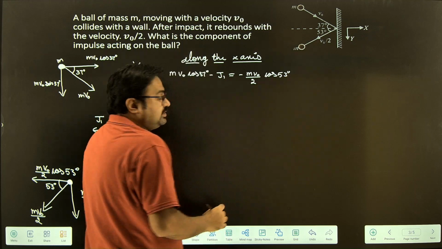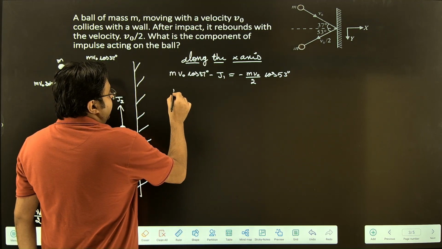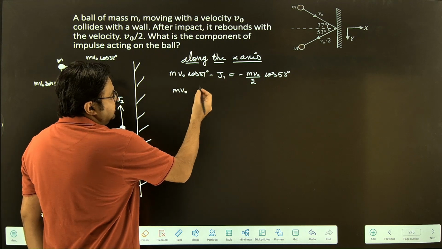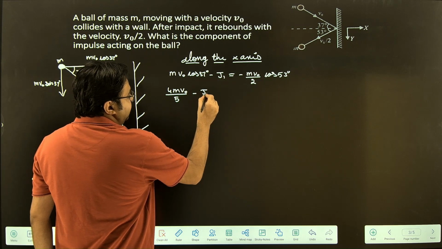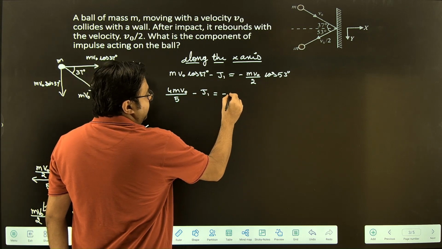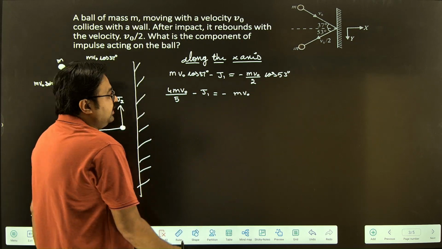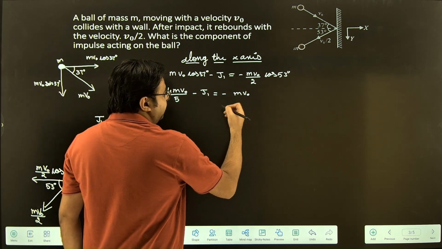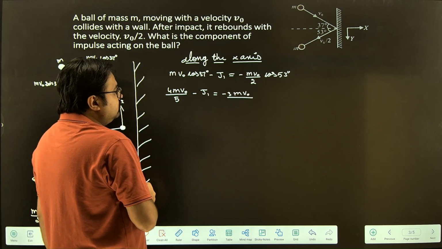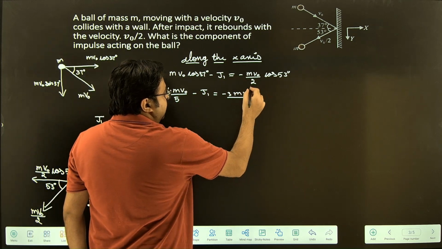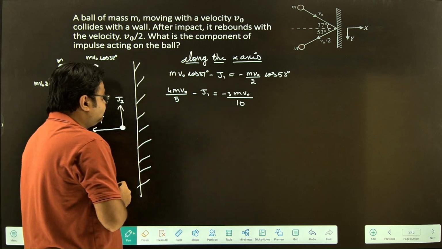It's time we find what impulse J1 is. So mv naught cos 37 is 4 divided by 5, minus J1 becomes equal to minus mv naught into cos 53 is 3 by 5. So we have 3 divided by 5 into 2, which makes it 10.